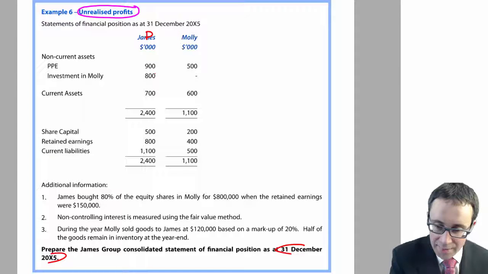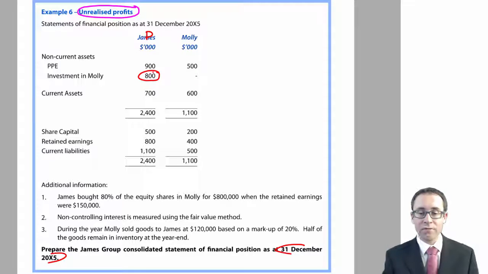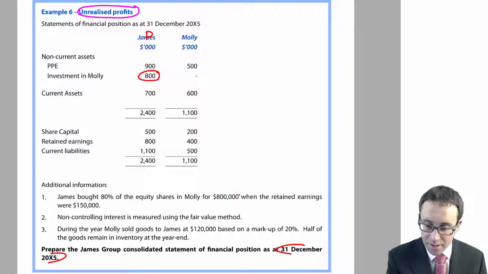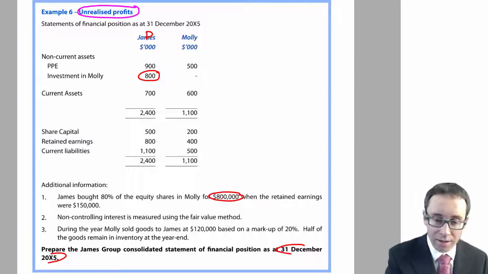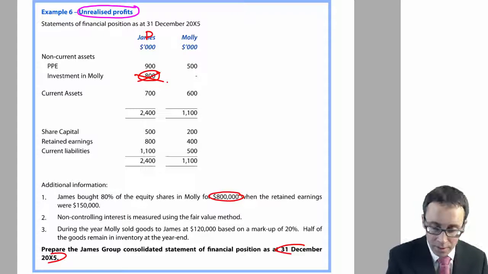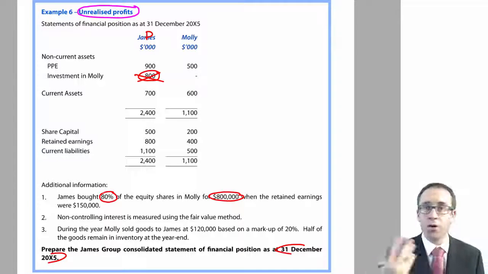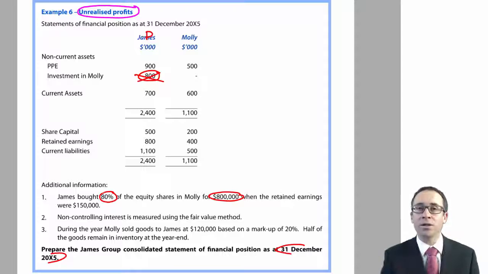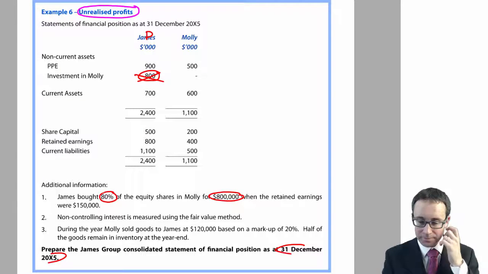You can see that James has an investment in a company, Molly, of 800,000, which ties into the 800,000 here. So we would ignore that 800,000, wouldn't we, on consolidation? Because we are consolidating, because we bought 80%. We have control, the power to direct the activities, don't we? There is a 20% non-controlling interest.